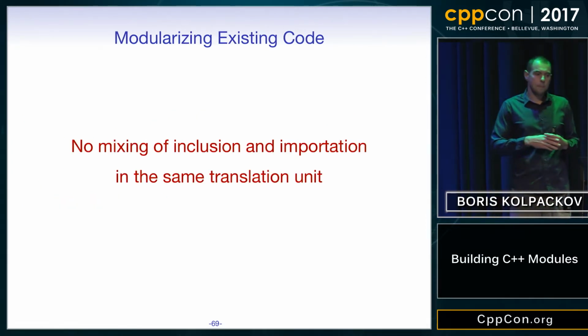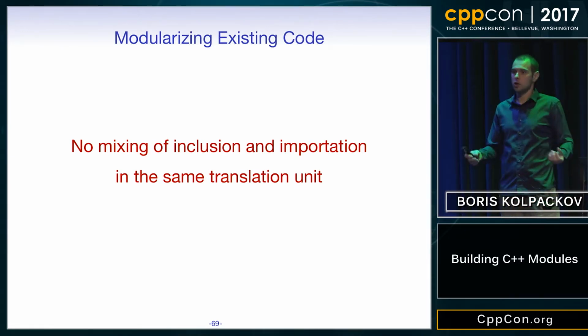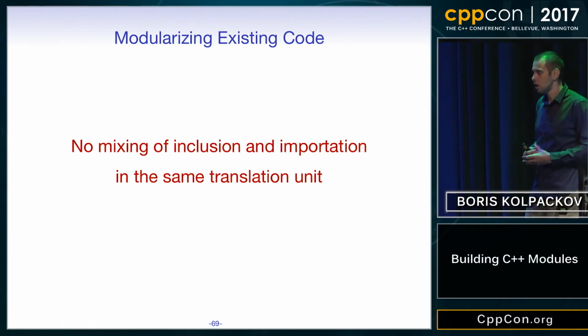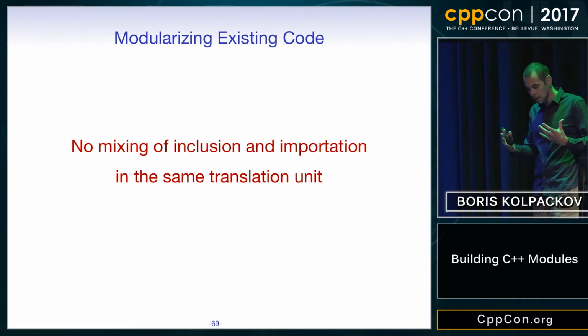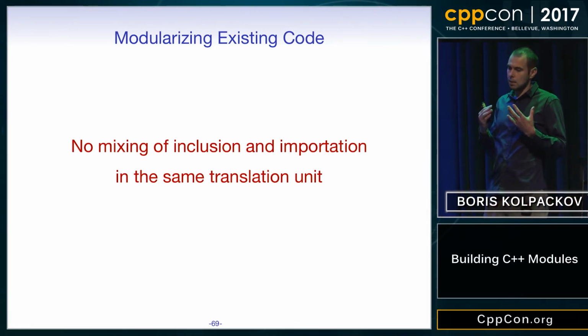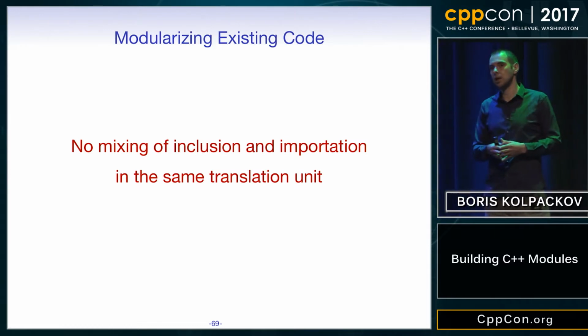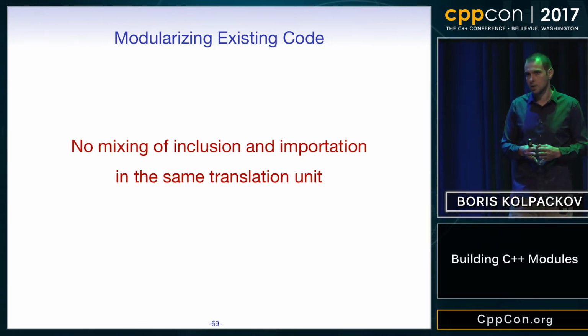Okay, when it comes to modularizing our own code, or modularizing things properly where you are actually able to change things, the biggest limiting factor is the fact that implementations currently do not support mixing inclusion and importation of the same entities in the same translation unit.